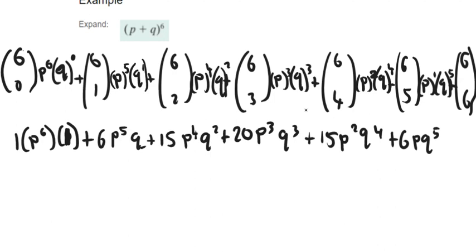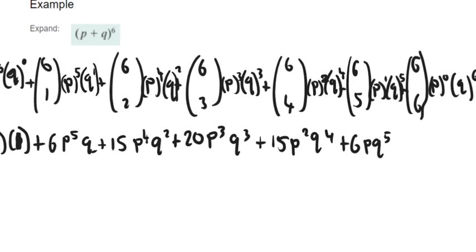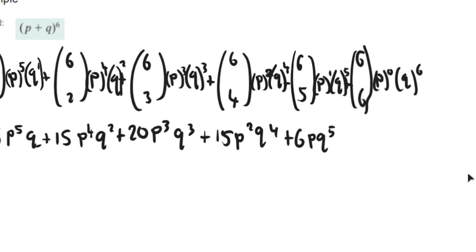And my last term, 6 choose 6, is just 1. If you have 6 items, there's only one way of choosing 6 of them. So 1, and p to the power of 0 is 1, and q to the power of 6 is just q to the power of 6.